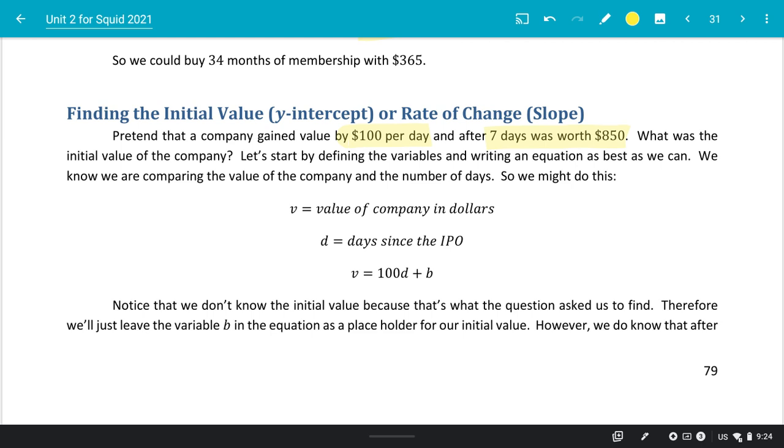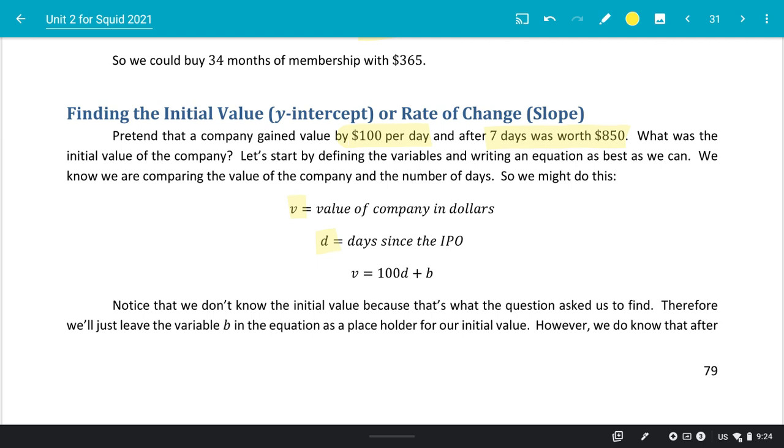Well, I don't know, but I'll bet we could figure it out. Let's start by defining the variables and writing the equation as best we can. We know we're comparing the value of a company and a number of days. So we might do this. V is the value of a company in dollars. D is the days since the IPO, right?